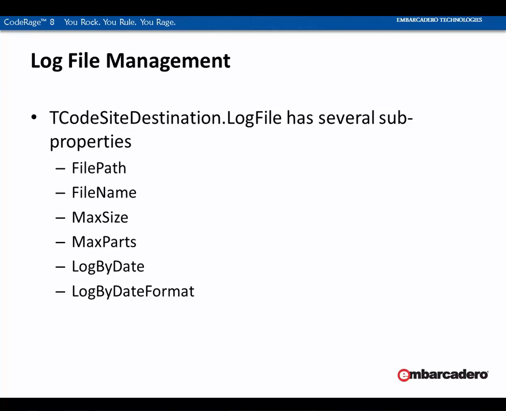If that's all you did, you would keep building new parts. So maybe you set the max size to be 256, which would be 256K for each part of the log file. Now, we all realize we have limited disk space, and we may not want the CodeSite log files to keep adding 256K and just keep going on and on and on.